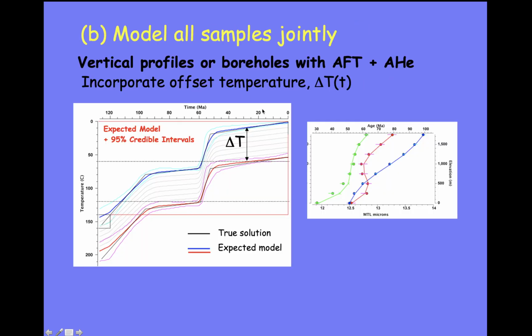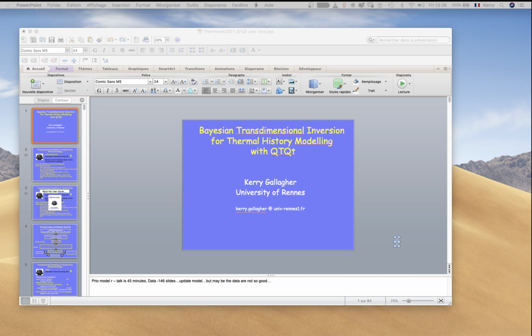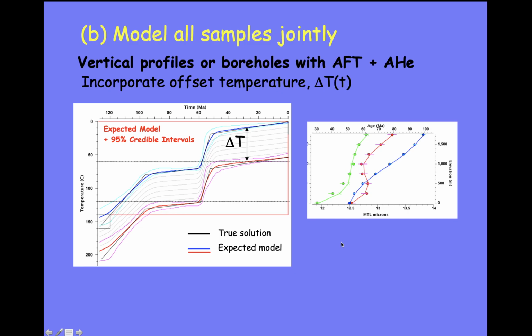This is 95% probability, but that doesn't really matter too much. The point is grouping samples together helps us resolve the thermal history better than treating samples independently.